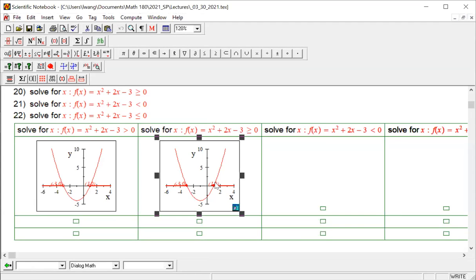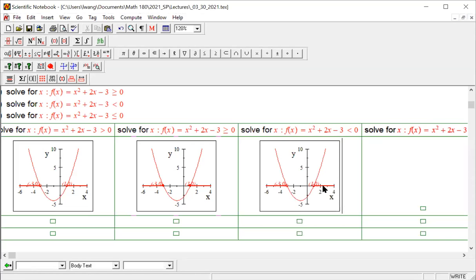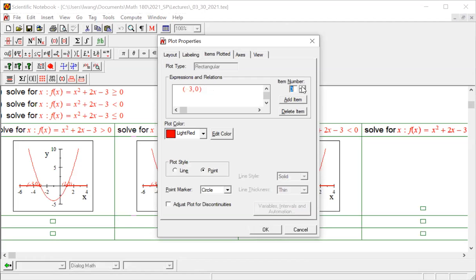And for the other two situations, what happens, you guys? For the negative one, it's under the x-axis. It will be right in the middle, right? So I'm going to make some adjustments to this picture. Delete.